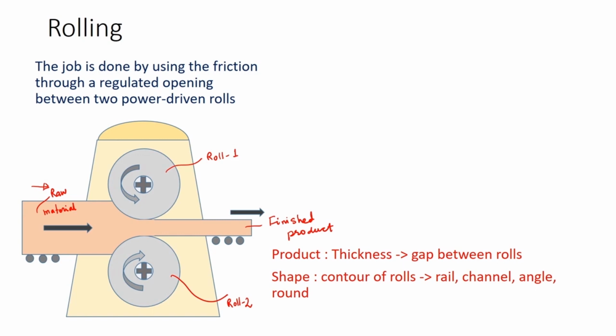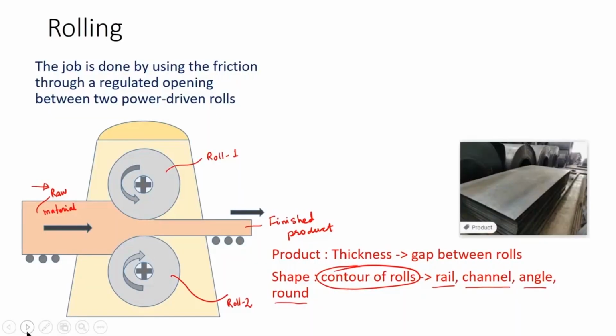Now, this rolling process is not only used to reduce the thickness, it can be used to manufacture various shapes as well, such as the rail shape or various channels, angles and even round bars. To achieve these various shapes, we have to give the required contours to the roll. So, instead of using flat rolls, we can have contoured rolls. Certain applications are there on your screen. These are rolled sheets.